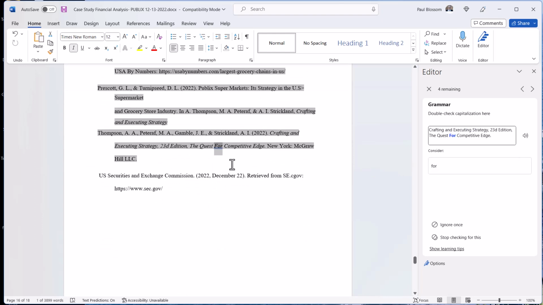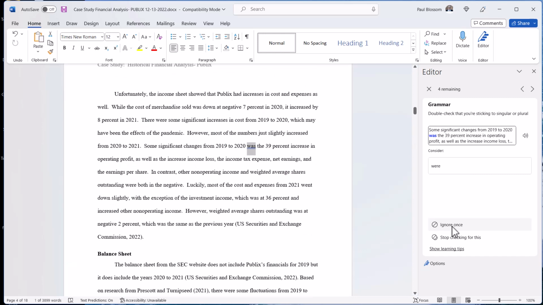Sometimes in references, the author of that reference would capitalize things that the grammar checker doesn't think ought to be capitalized. So I usually just leave those alone. Okay. This one, some significant changes from 2019 to 2020 was, the changes is plural and was is singular, and so those need to be matched up.